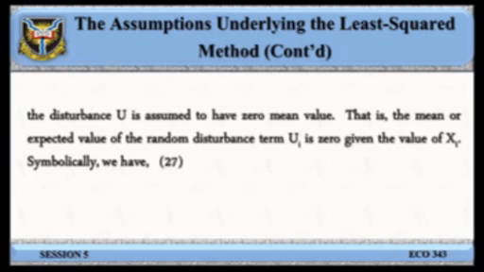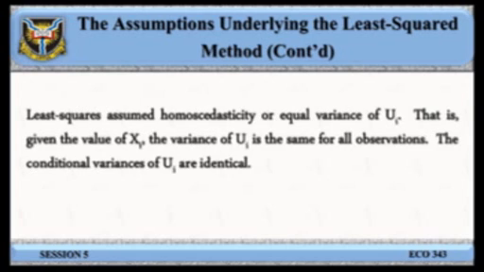3. The disturbance u is assumed to have zero mean value. That is, the mean or expected value of the random disturbance term ui is 0 given the value of xi. Symbolically, we have E(ui | xi) equals 0, equation 27. 4.